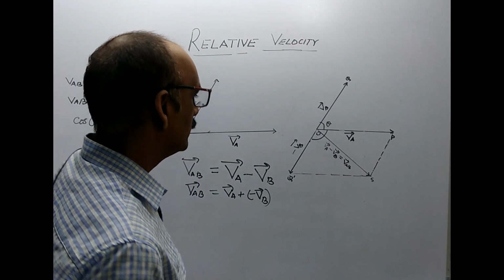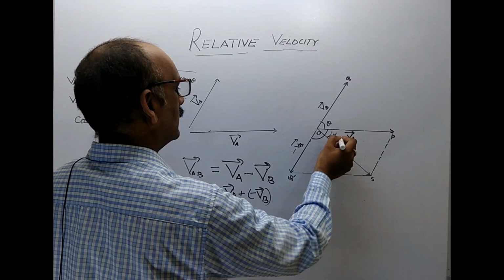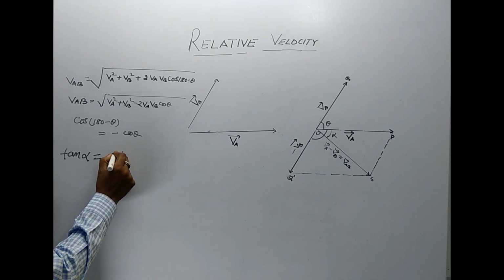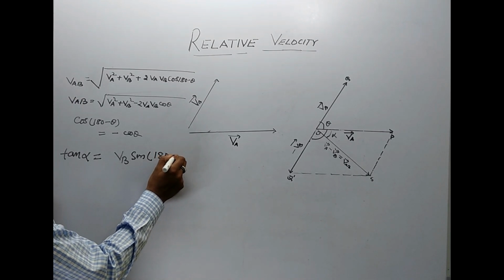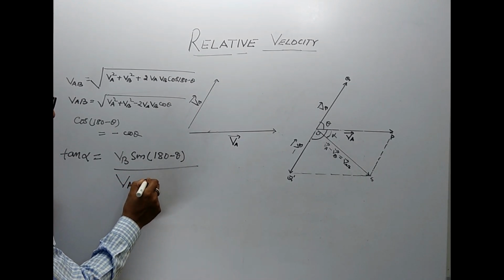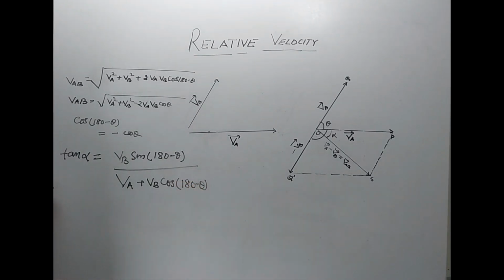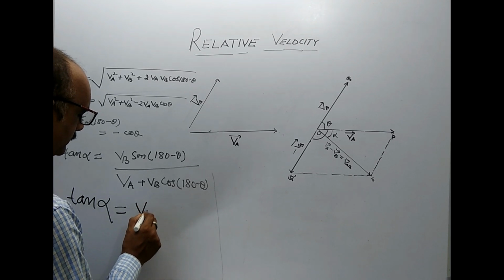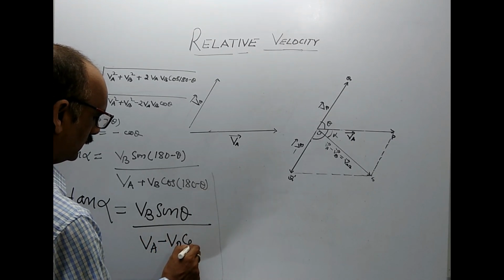Now, direction of VAB with A, let this angle be alpha, then tan alpha equals VB sin 180 minus theta divided by VA plus VB cos 180 minus theta, and this is equal to tan alpha equals VB sin theta divided by VA minus VB cos theta.